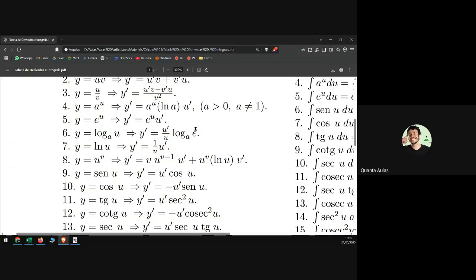It's a similar formula. If you pay attention, it's the same thing as the natural logarithm, but you need to multiply by this situation here, the letter a. But I don't know because this depends on your teacher, okay?